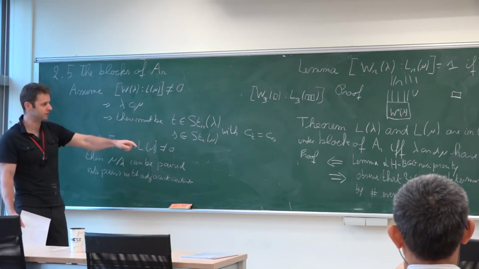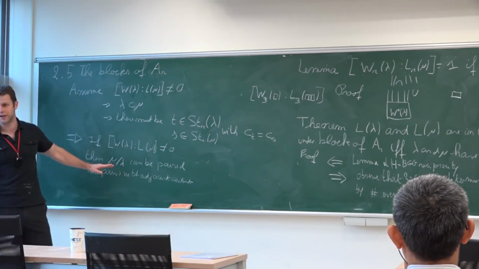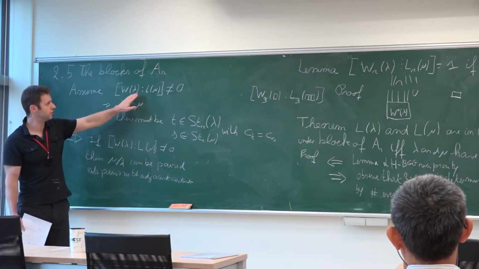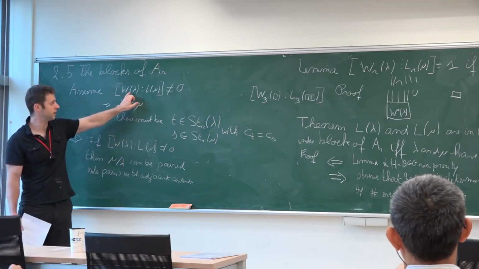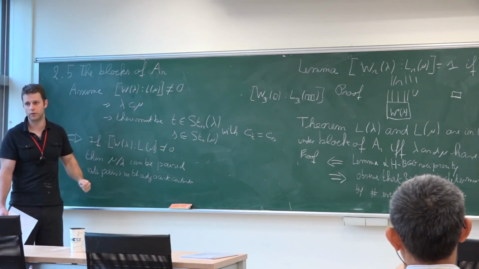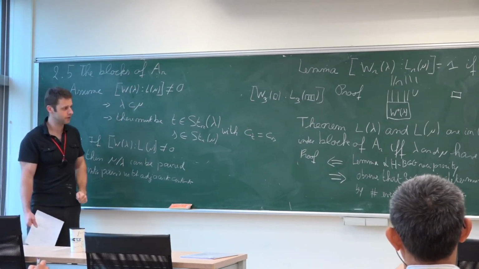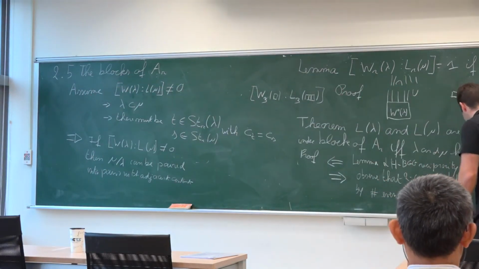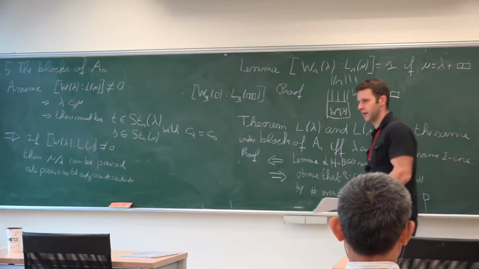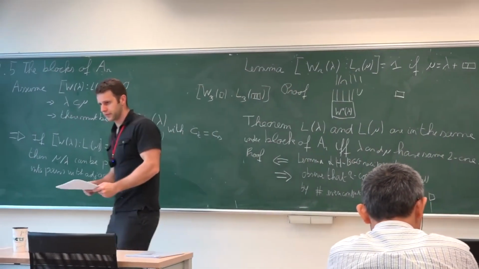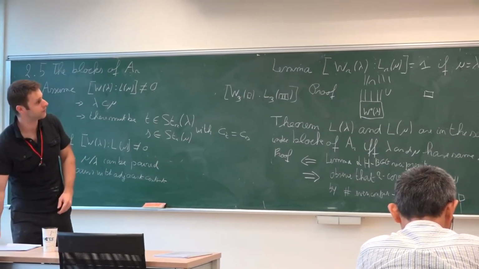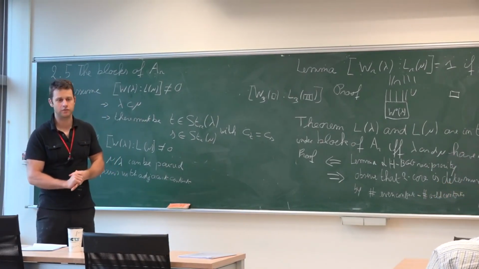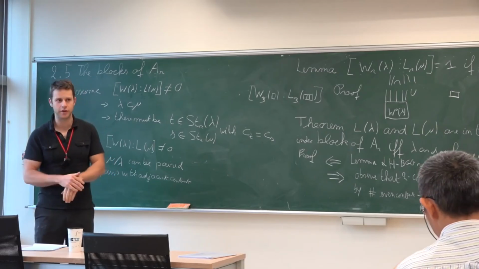So if they have a different value like that, this condition can never be satisfied. So the only multiplicities which appear are between lambda and mu with the same 2 core. So that gives us the other direction, and shows us the block decomposition. So I think we could stop here today.